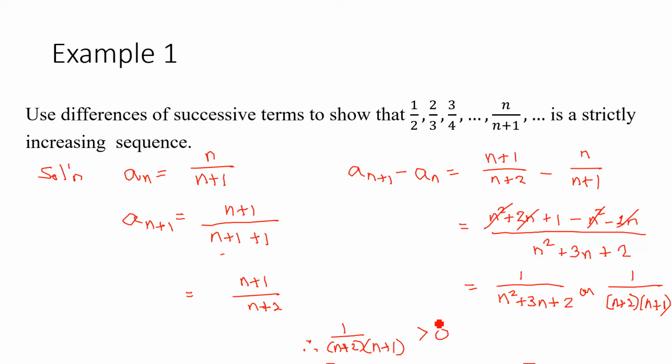Because if we substitute any number here greater than or even equal to 1, that's always greater than 0. So by the concept of the differences of successive terms, this is greater than 0. Therefore, we could say that the sequence is strictly increasing.